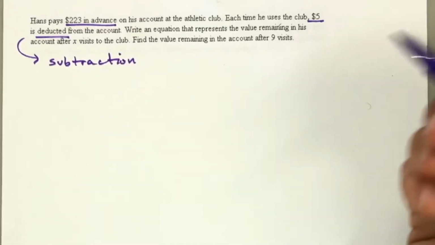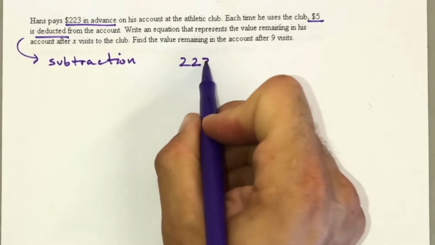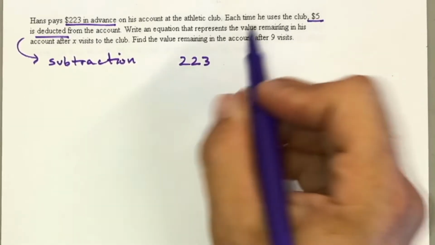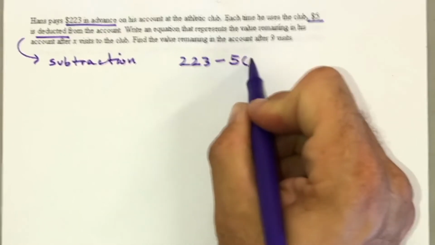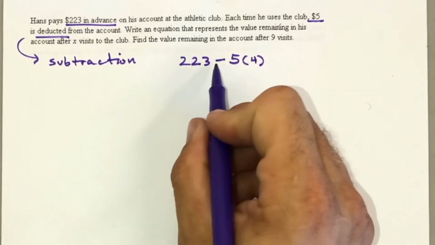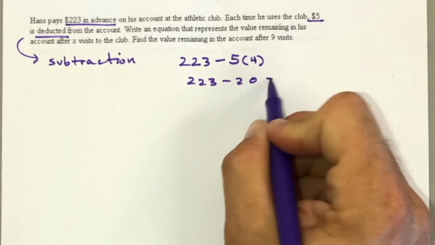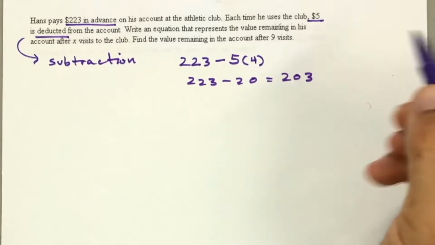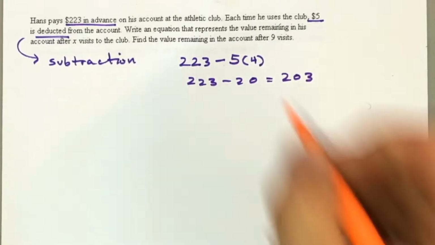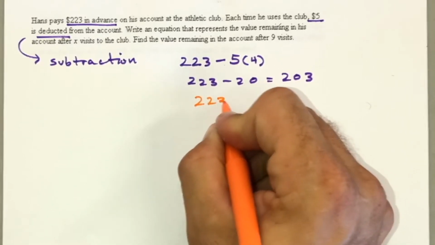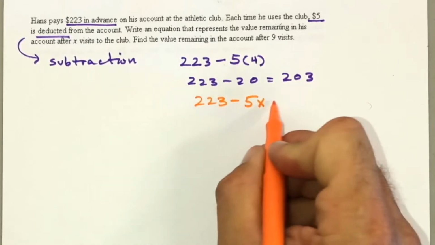And again, I like to simulate, meaning, if I paid 223 in advance, so this is what I have in my account, and each time, let's say I use the club 4 times, well, that means I'm going to take 20 off my account, so I have 203 in my account. And by doing that, I've created that equation, 223 minus 5x.